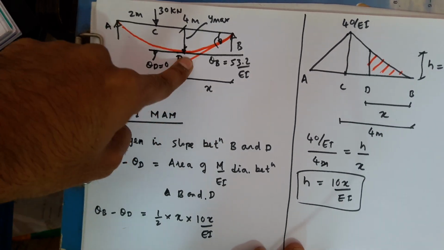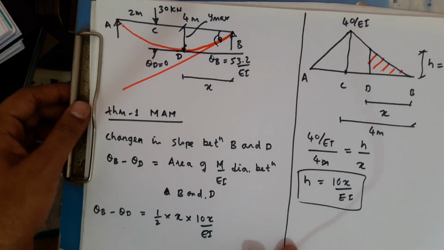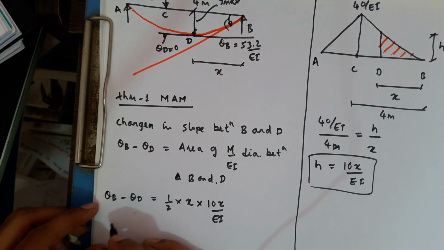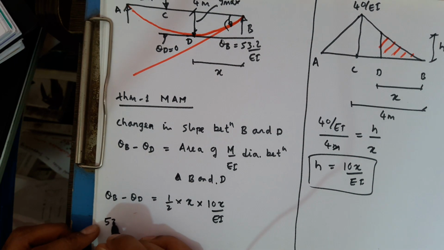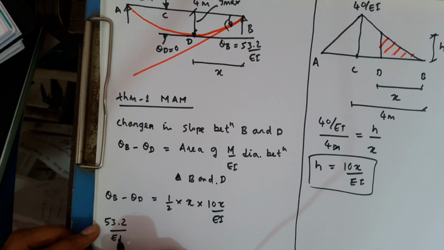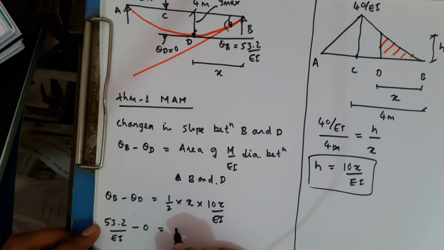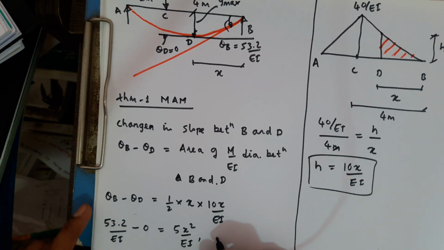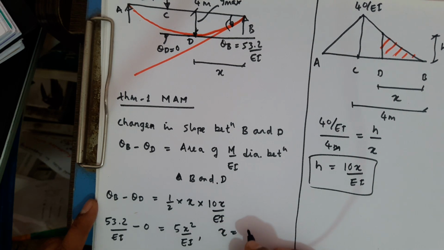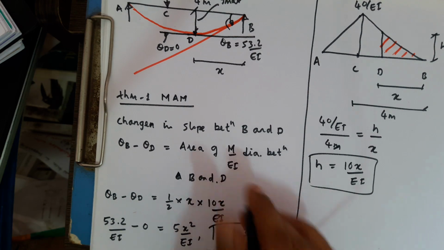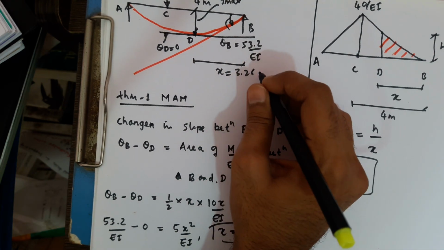At a point of maximum deflection, the tangent will be horizontal, that will make theta D 0. Theta B we have calculated 53.2 by EI, minus 0 equal to 5x square by EI. After solving this equation, x will be equal to 3.26 meter. So x is equal to 3.26 meter.